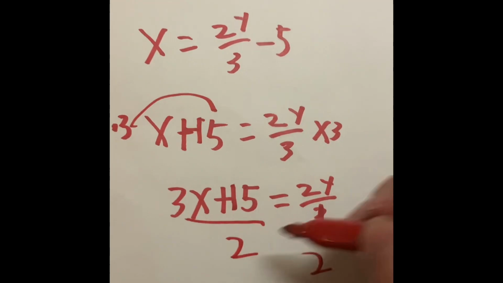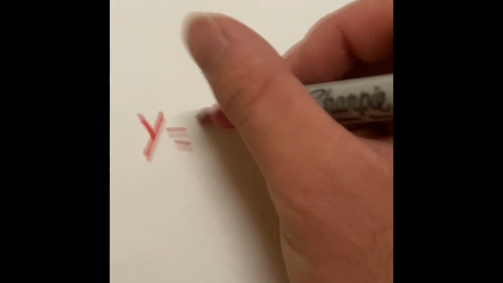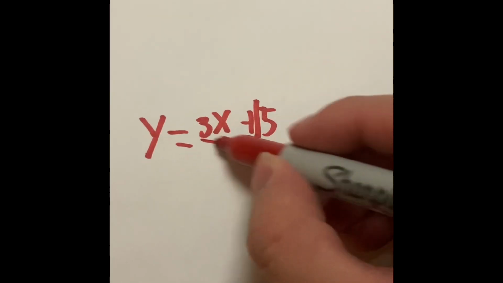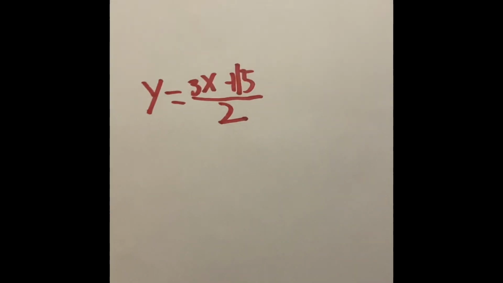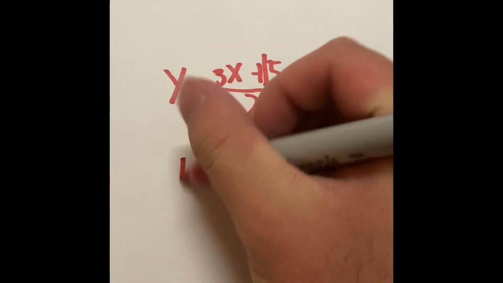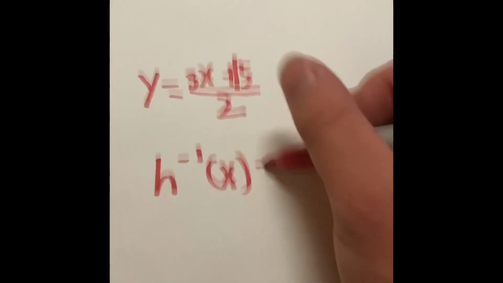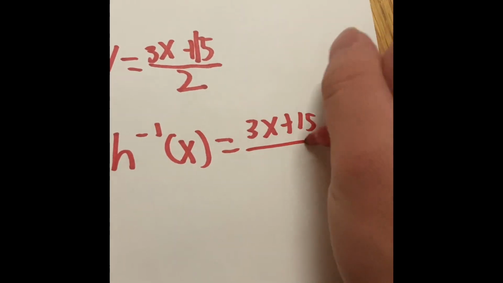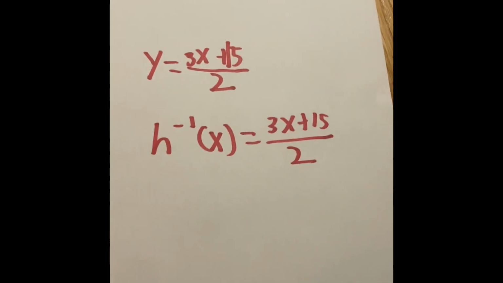And y is going to equal 3x plus 15, divided by 2. When you do that, h inverse of x is going to equal 3x plus 15 divided by 2. So that is the inverse function for that one.